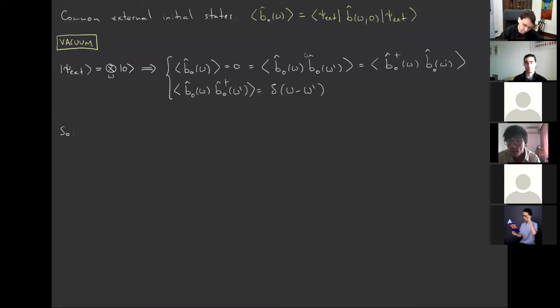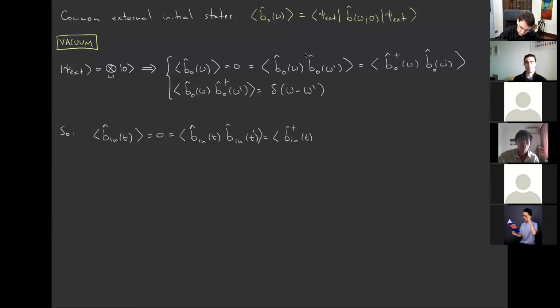And in particular, for the input operator, remember that the input operator is just the Fourier transform of these operators. So we get something very easy. What we get is that the input operator itself has zero first order moment, and then the second order moments are also zero for the combinations that we already wrote for the frequency dependent operators.